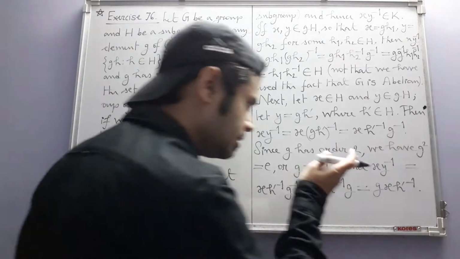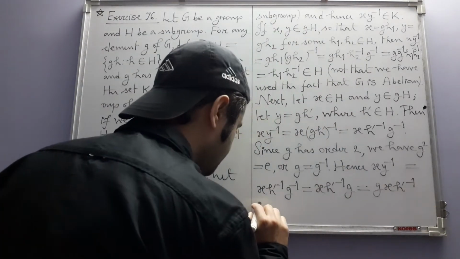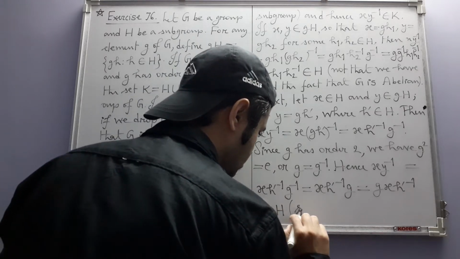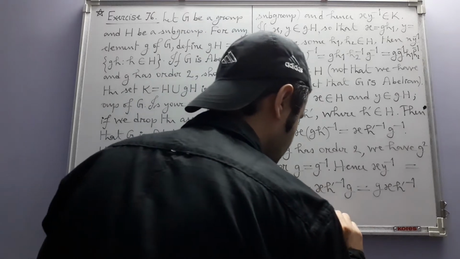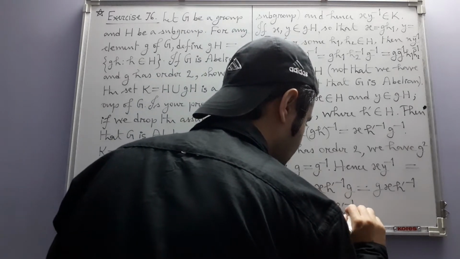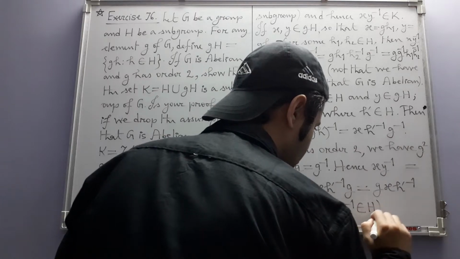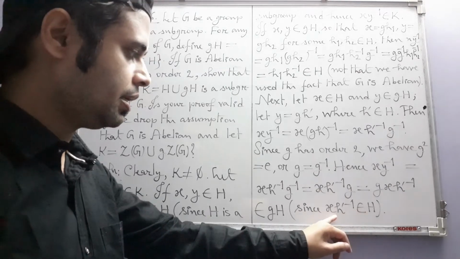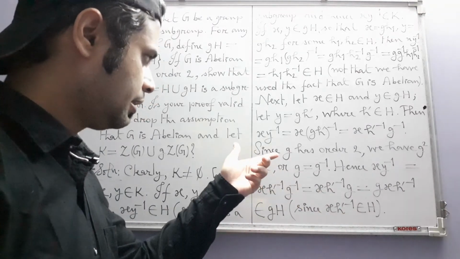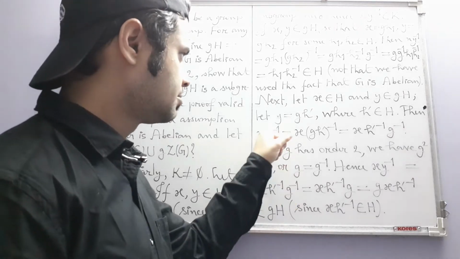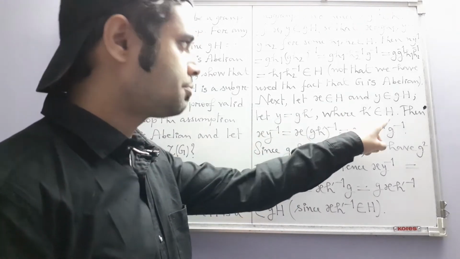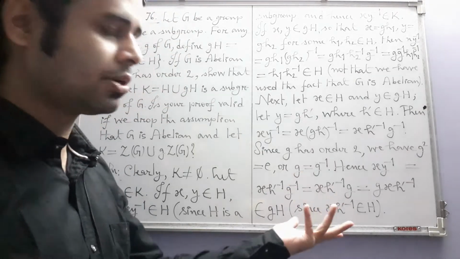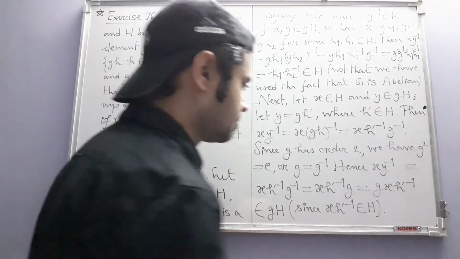And this particular element belongs to gH, since x h' inverse belongs to H. How are we having this? We are having this because in this third case, x belongs to H, h' also belongs to H. So this product also belongs to H, since H is a subgroup.